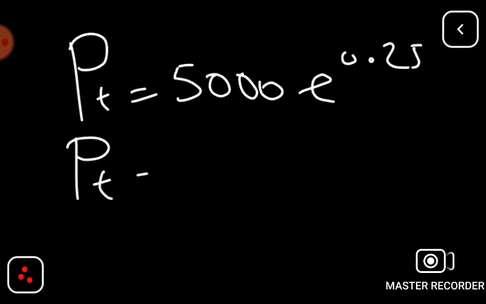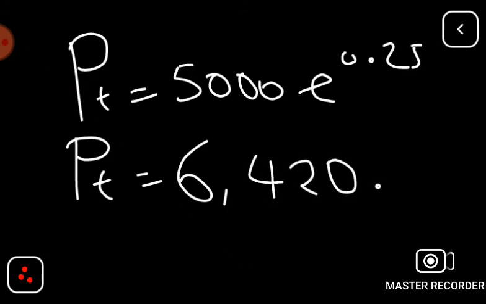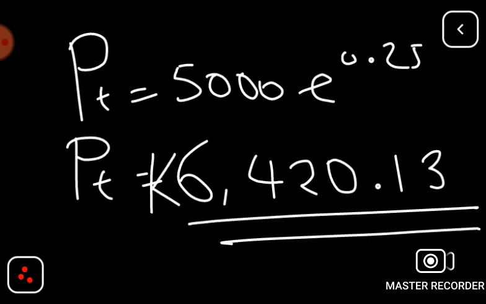So PT is equal to 5,000. Then punch the e on your calculator, and write the 0.25, and you have your answer as 6,420.13 as an estimated value.